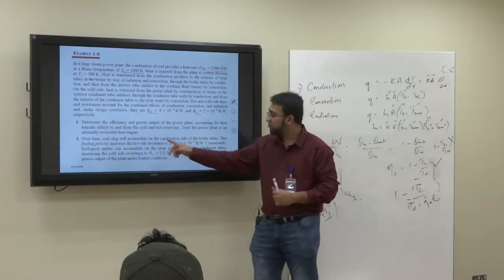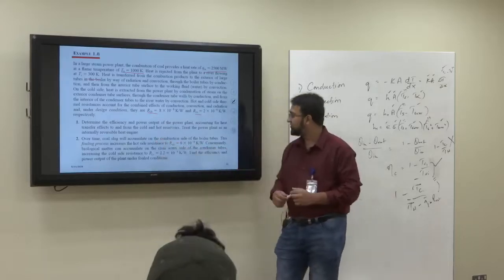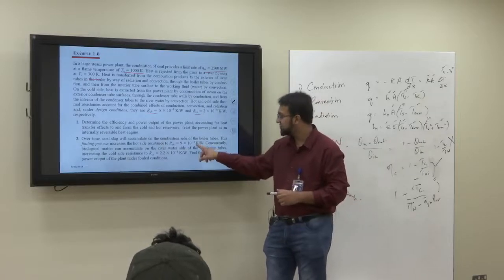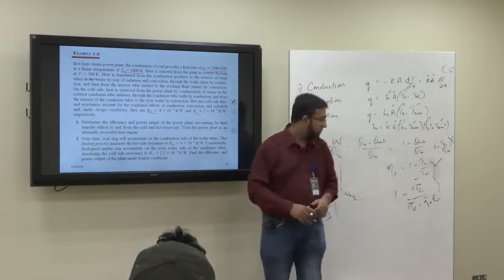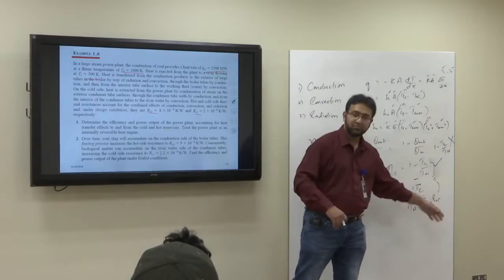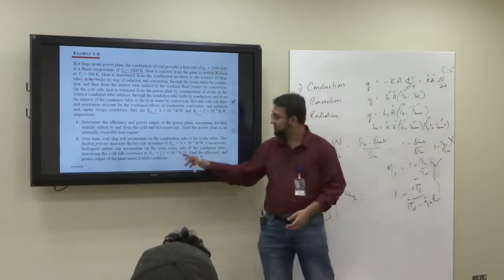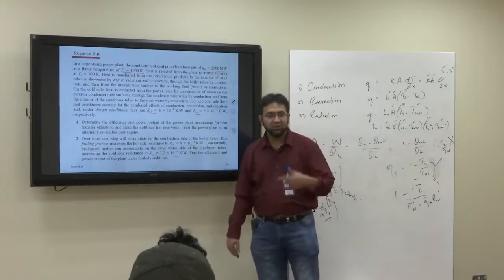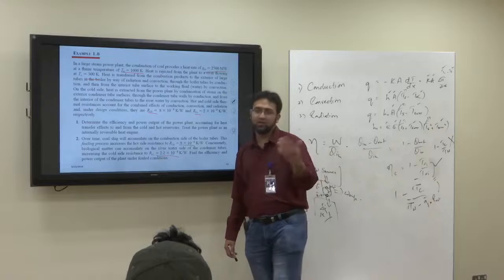Over time, coal slag will accumulate on the combustion side of the boiler tubes. This fouling process increases the hot side resistance. So now in the second part, your R value changes. Hot side resistance is this, now cold side resistance is this. Again, find out the efficiency and the power output.